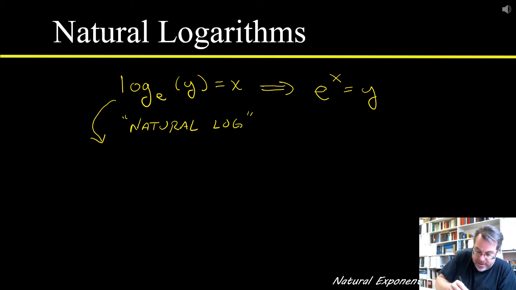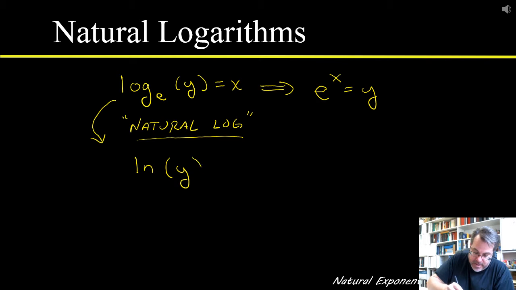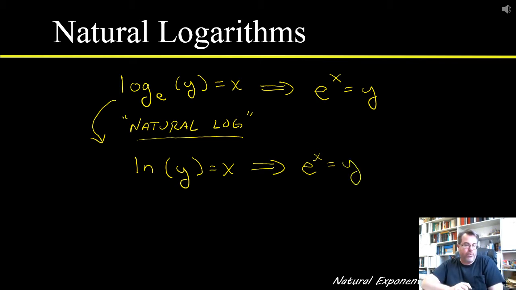We call this the natural log, and the symbol for the natural log is ln, right? So we can write this as ln y equals x. And if you see ln y equals x, interpret that as meaning take e, raise it to some value x, and the result will be y.